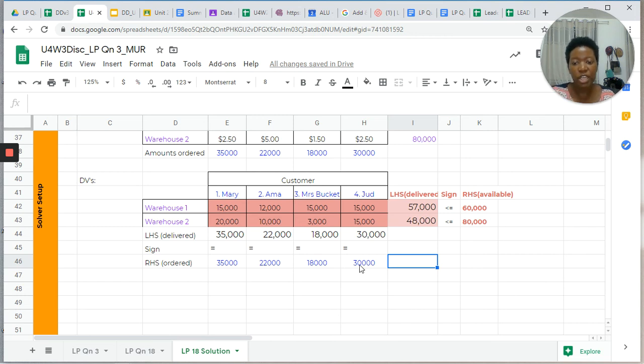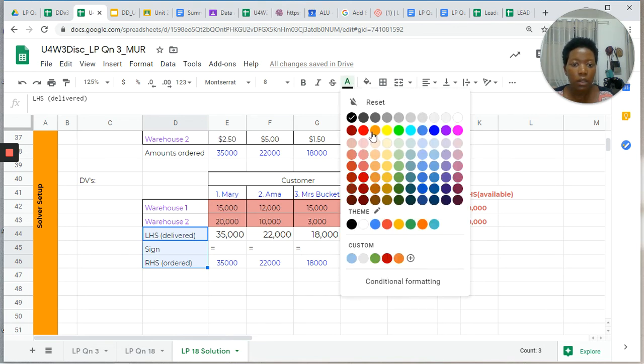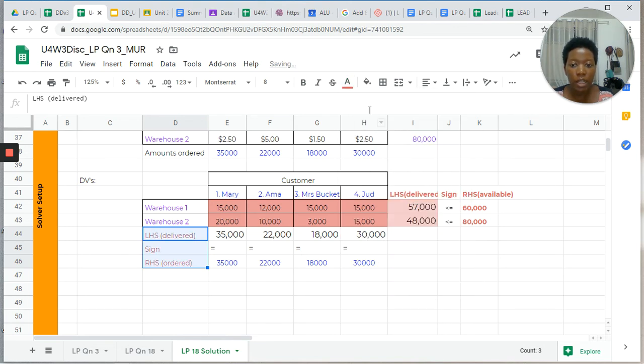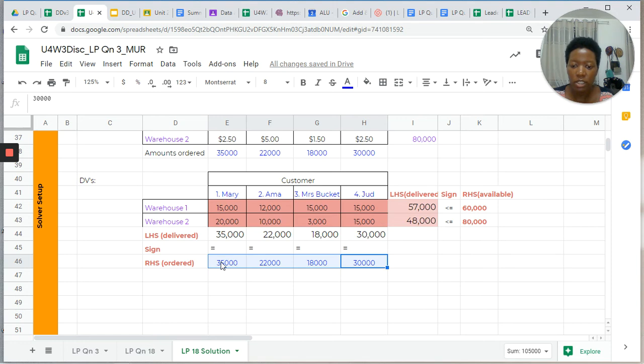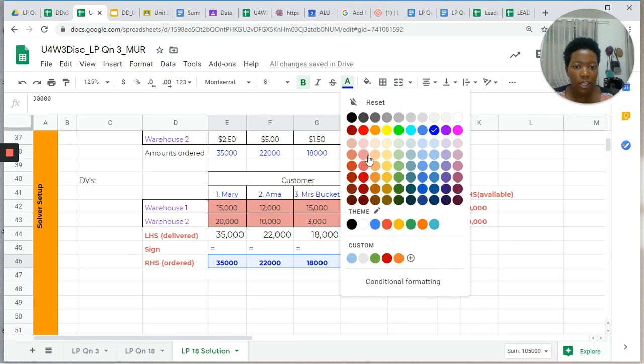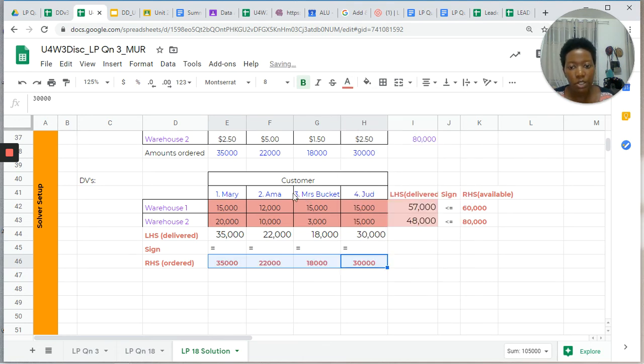Okay, so these are the constraints that we would give Solver, and we would give Solver what the maximum can be. And when Solver calculates the decision variables within our table, then our left-hand side will also auto-calculate.